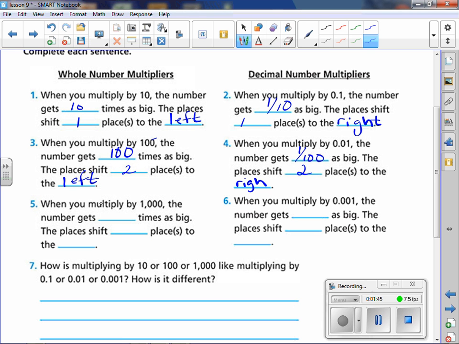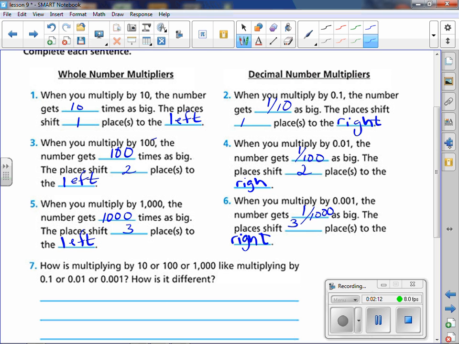Moving on, when you multiply by 1,000, the number gets 1,000 times bigger. It shifts 3 places to the left. And when you multiply by 1,000th, it gets 1,000th as big and shifts 3 places to the right.